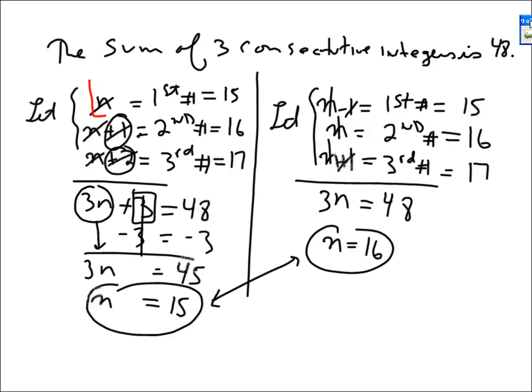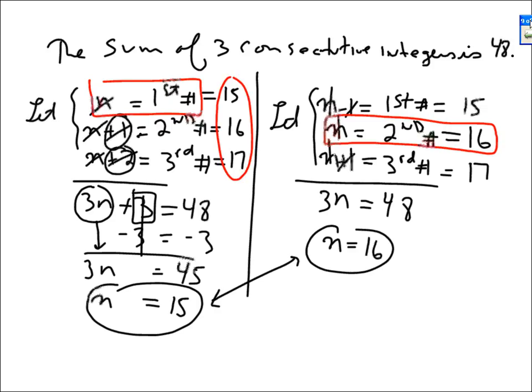Because in the first case, I called n the first number. And in the second way I did it, I called n the second number. You define n differently, you're going to get different answers for n. But in the end, I got the same 3 numbers, 15, 16, and 17.